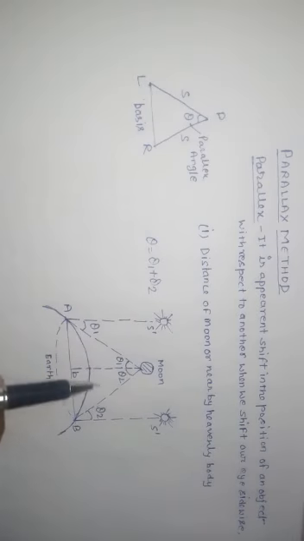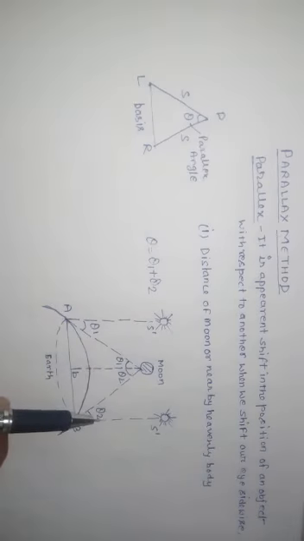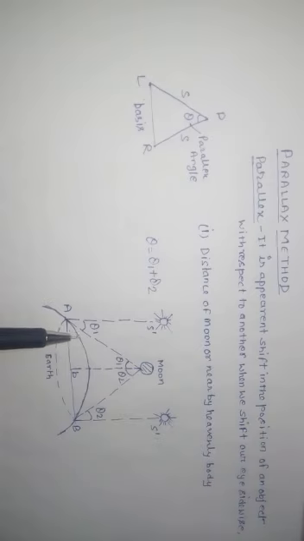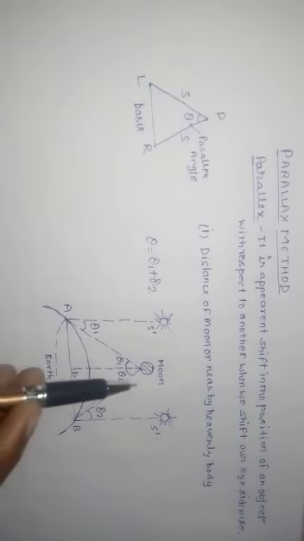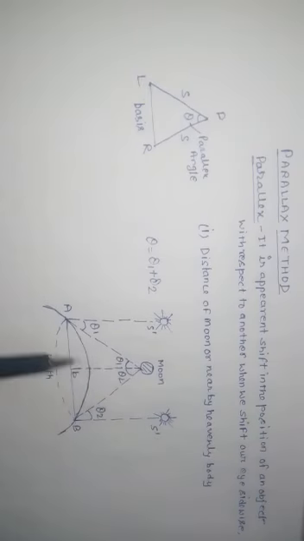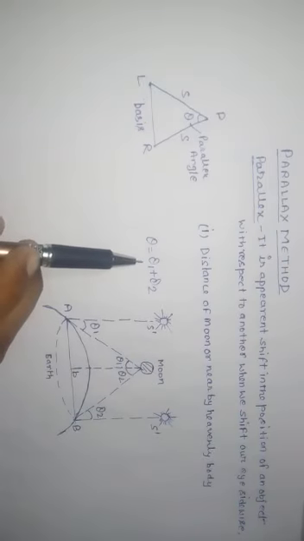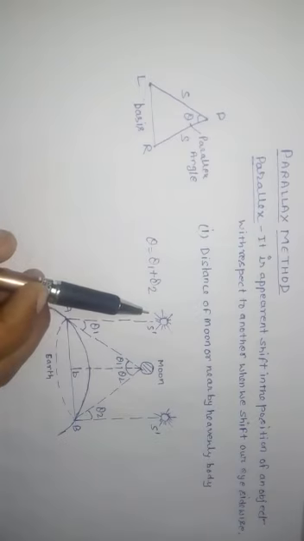If θ1 and θ2 are the angular positions of the moon from this reference star, from A and B, then this will be the parallactic angle, which is equal to θ, and θ will be equal to θ1 plus θ2.